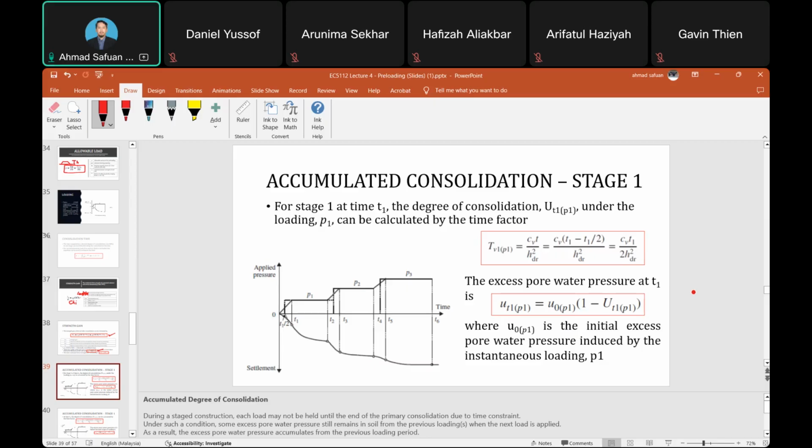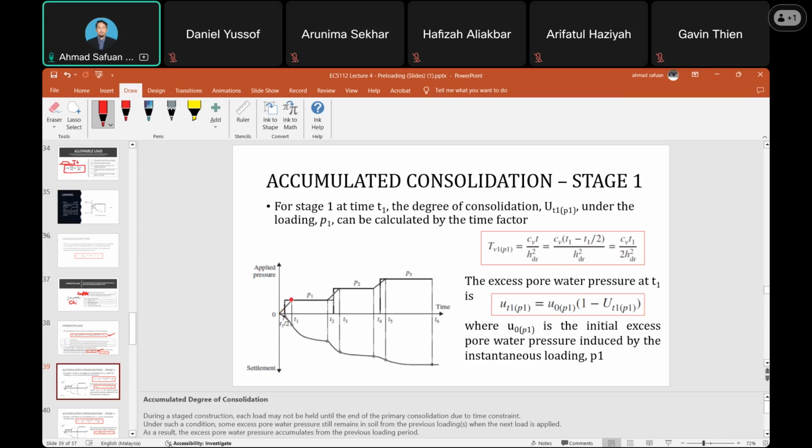For stage 1, at time T1, we gradually load the soil until it reaches the P1 pressure, so the pressure shows a linear relationship with time.